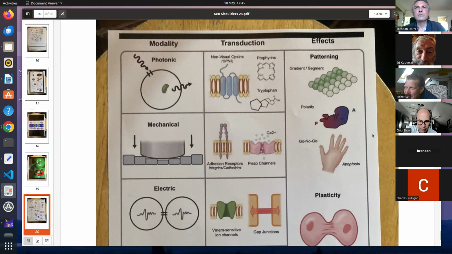Piezo channels. There we go to the biophysics and bioelectric fields. Calcium. Yeah. Plasticity. Apoptosis.